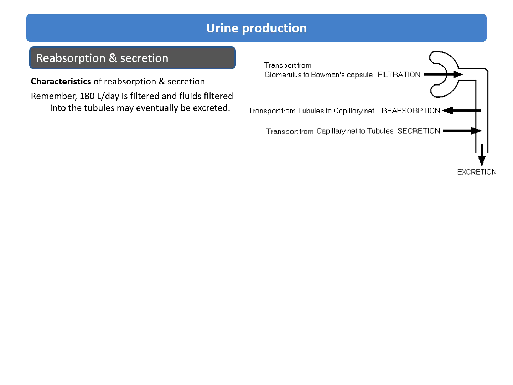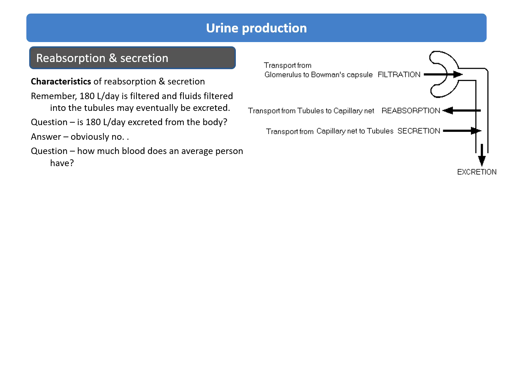Remember, 180 liters per day is filtered from the kidneys, and fluids filtered into the tubules may eventually be excreted. But here's a question. Do you excrete 180 liters of urine a day? Obviously, no. How much blood does an average person have?